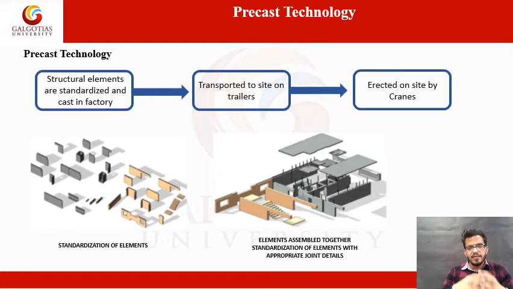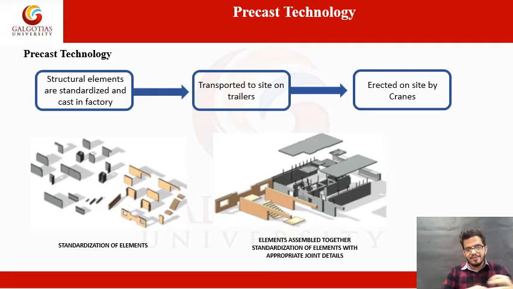Secondly, those elements are equipped in particular coding boxes, and then they are transported to the site. And then finally, they are erected on the site with the help of cranes and levers. So this three-step technology is used throughout the prefabrication method.